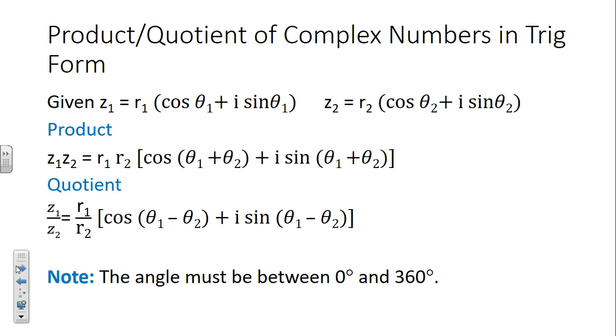All right, so here's the product quotient rule for trig forms of complex numbers. If you want to multiply two complex numbers in trigonometric form, you multiply the r's and you add the thetas.